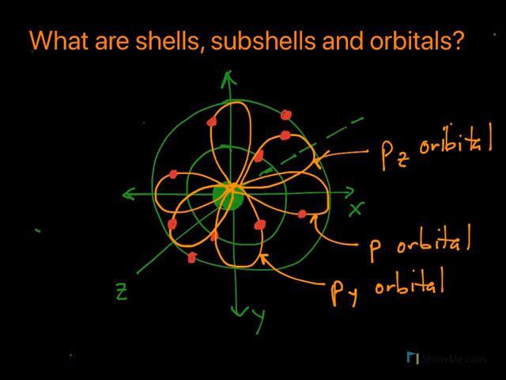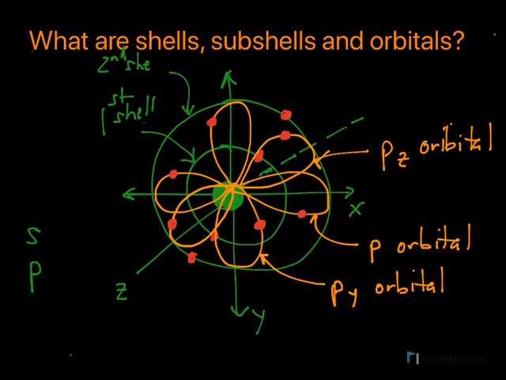So a subshell can be S and P, and as we've drawn here, this is the first shell, and this is the second shell.